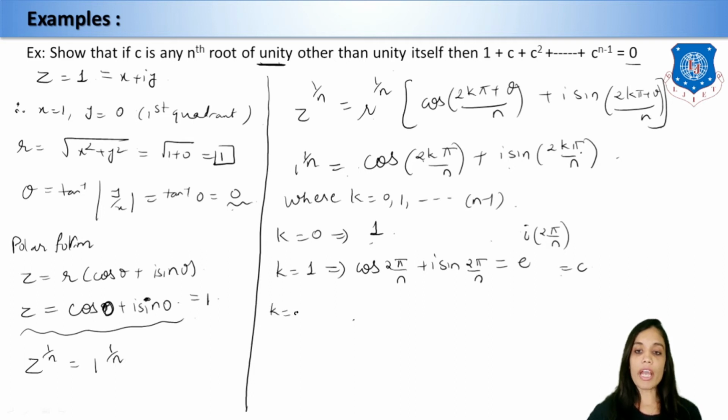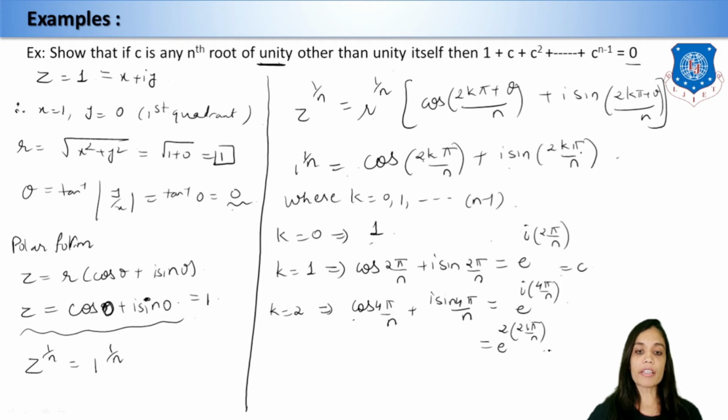Similarly, if I put k as 2 in this, we will get cos 4π/n plus i sin 4π/n, and this we can write as e raised to i 4π/n, and further I can modify this as e raised to 2 times 2iπ/n.